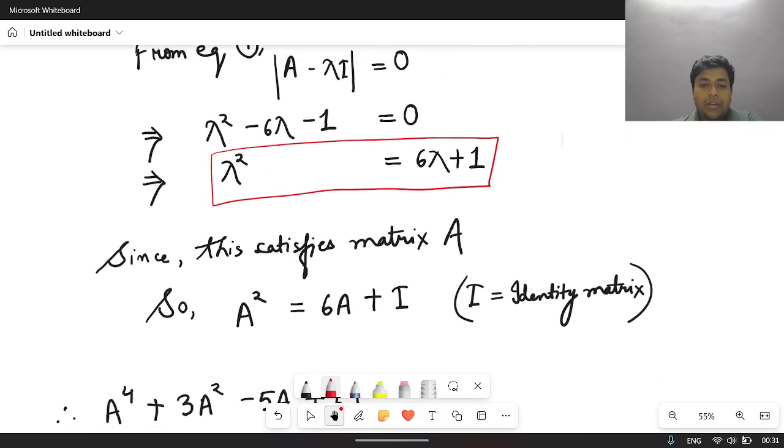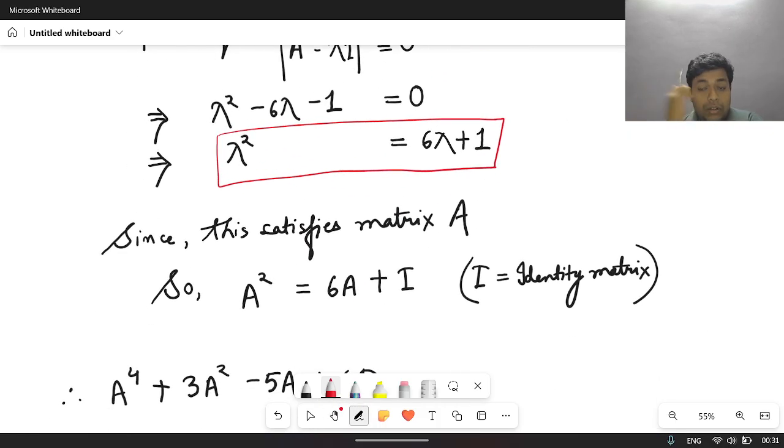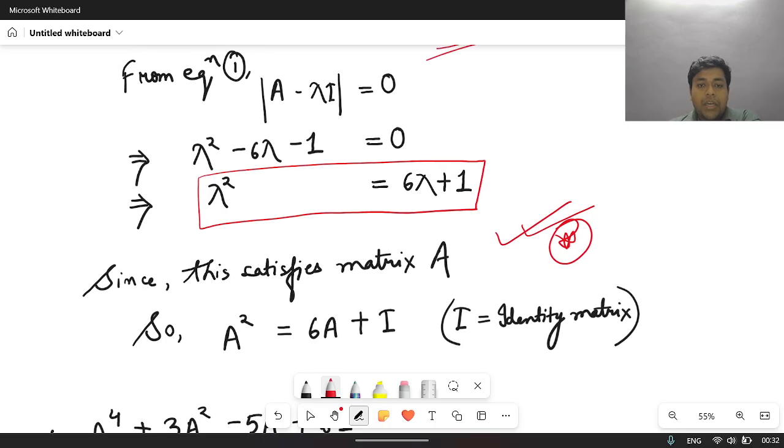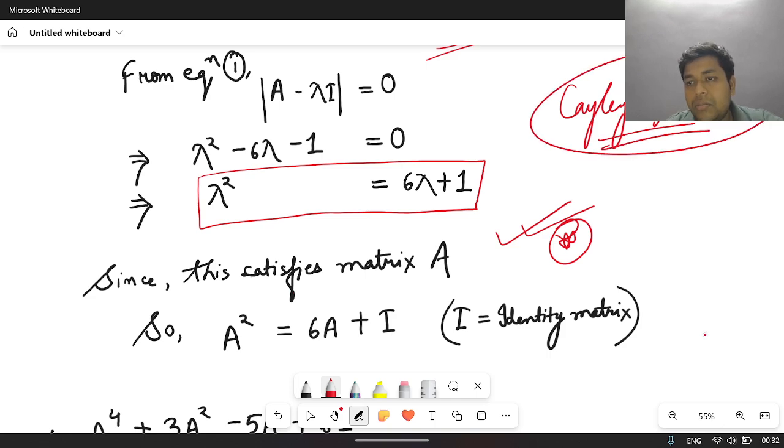Okay? Now look from here carefully, from this step. What have I written? Since this satisfies matrix A, it comes from a theorem, which is the Cayley-Hamilton theorem. You don't need to remember these words. I'm just saying so that if you want to study more, you can do so.